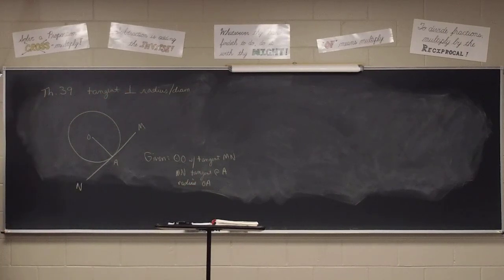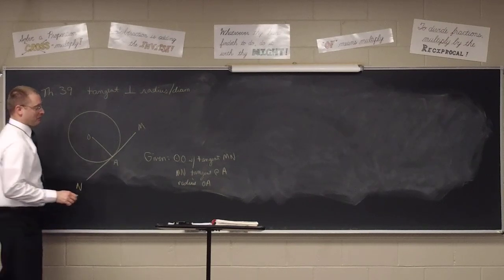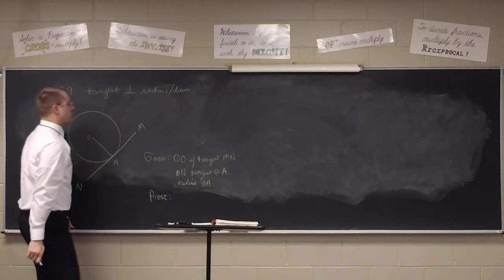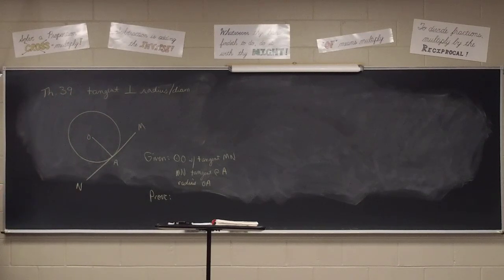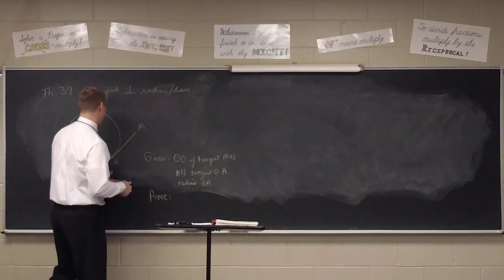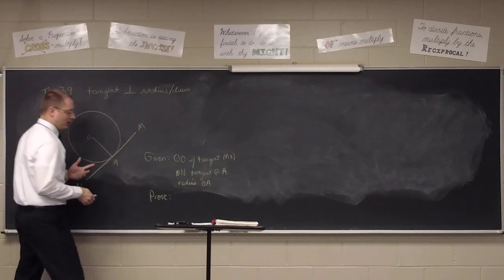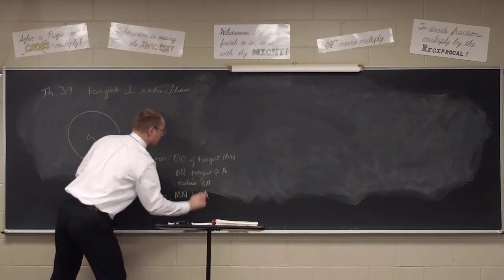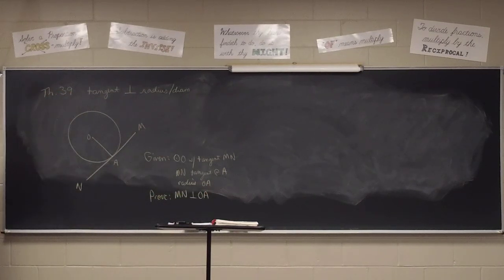So given the circle with a tangent, the tangent is tangent at A, and we've got a radius from O to A. We're seeking to prove that a tangent is perpendicular to this radius, or diameter if I've drawn it all the way through to another point. So we want to prove that MN is perpendicular to OA.